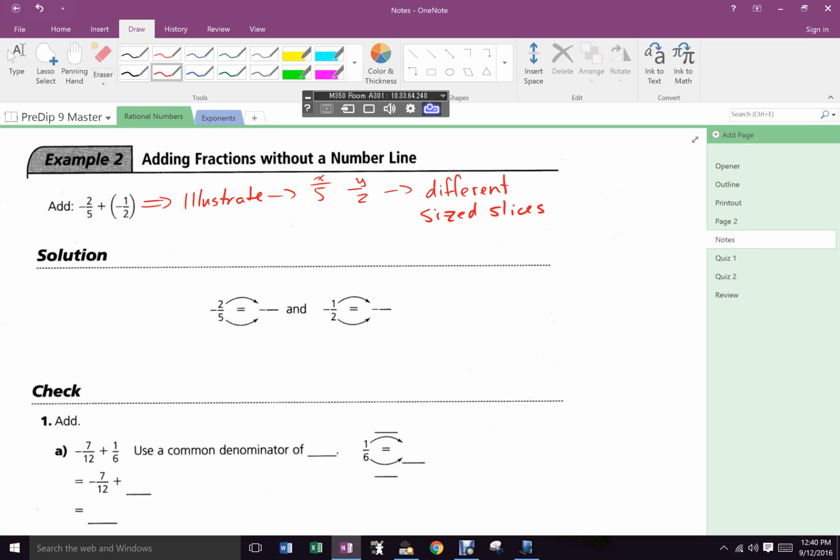You guys were taught the shortcut. You just take, if you have something over x plus something over y, you just do x times y to get your common denominator. Correct?